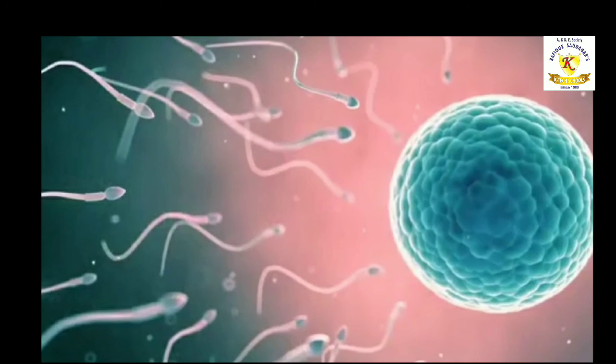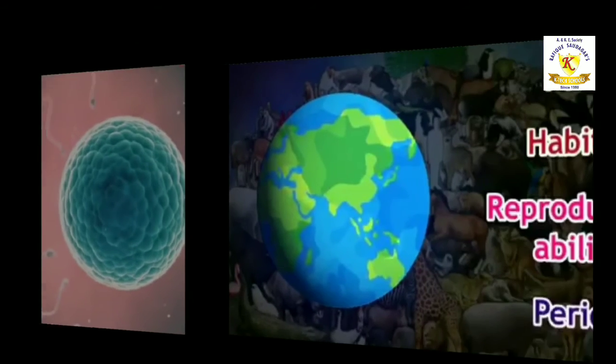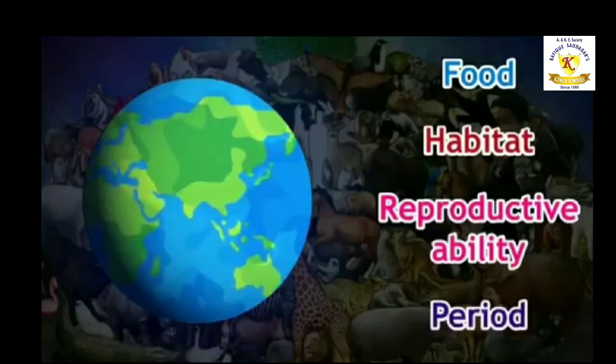Now, a species is the group of organisms that can produce fertile individuals through natural reproduction. Each species grows in specific geographical conditions, like their food, their habitat, their reproductive ability and the period.